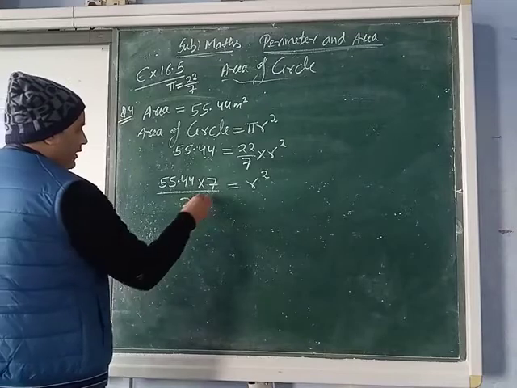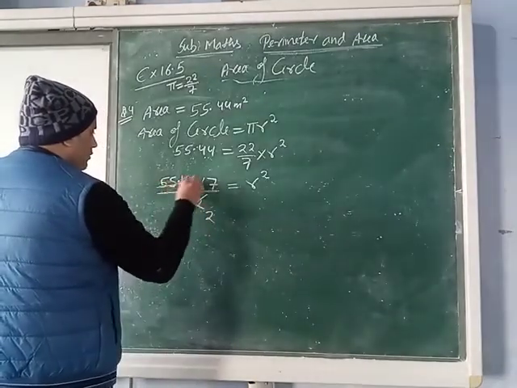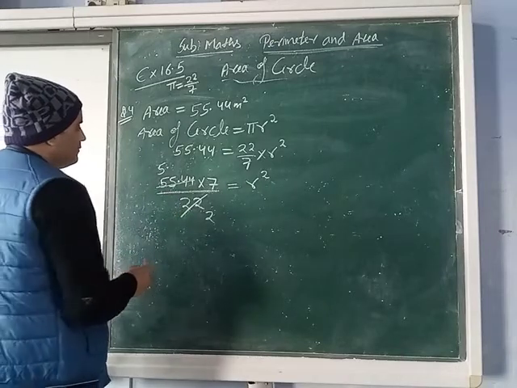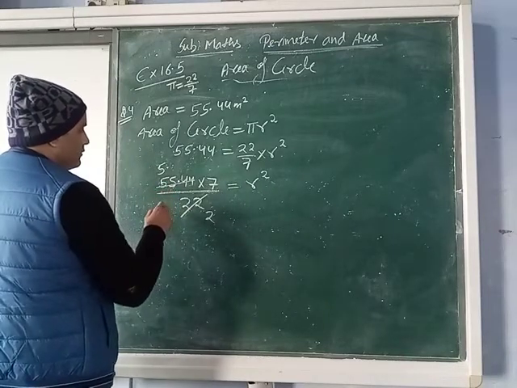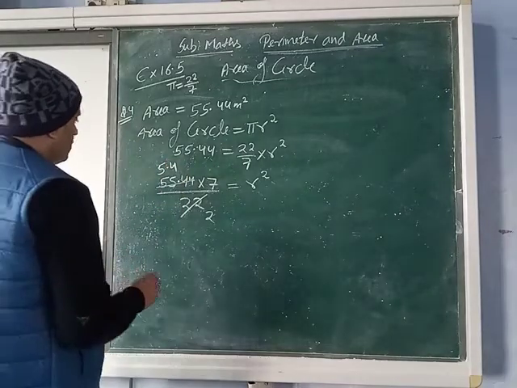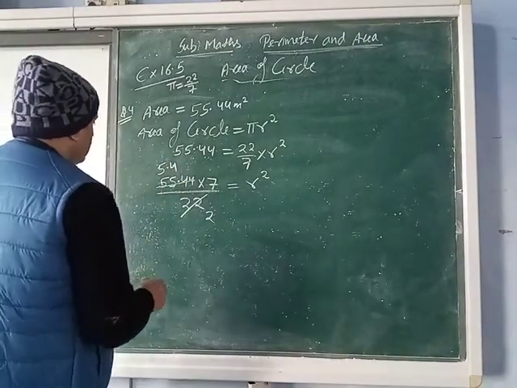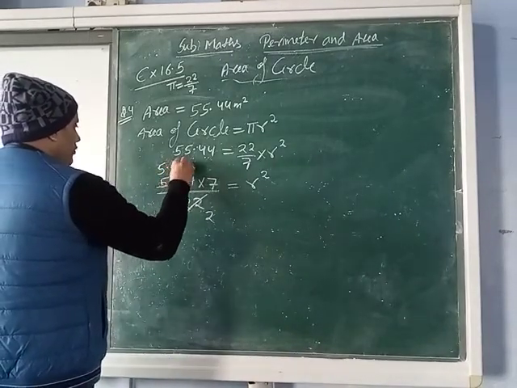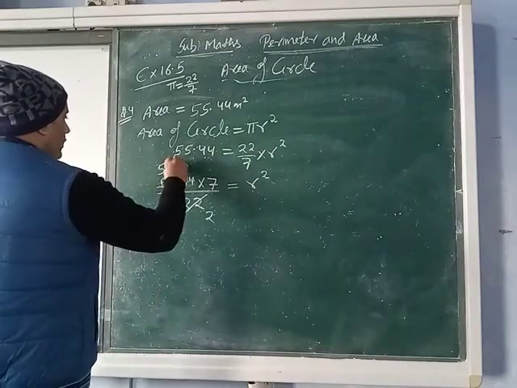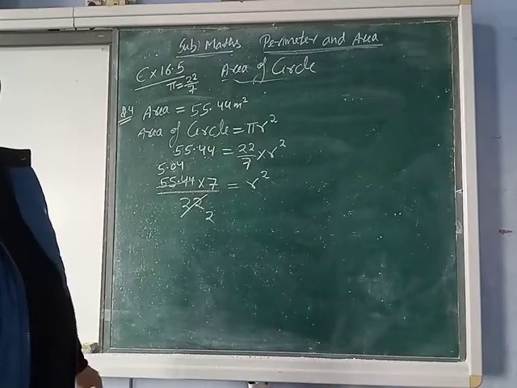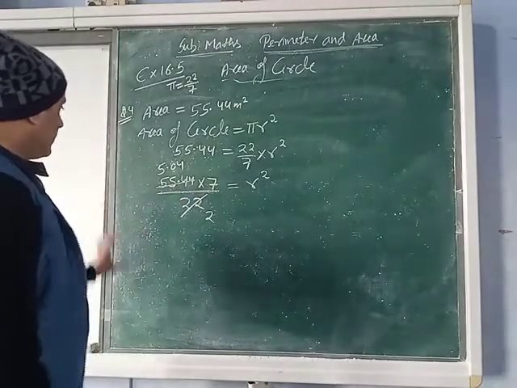Okay, 11 twos are 22, 11 fives are 55, then 11 fours are 44. It should be, I think, 5.04. Now listen.